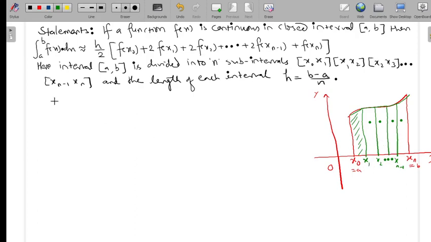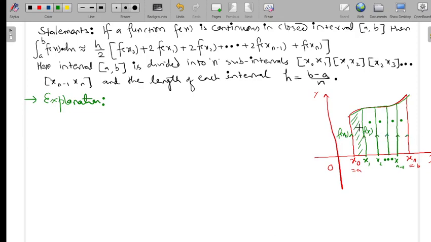Now the explanation. First I have taken the area of this, and this will be f of x0, this will be f of x1. These two sides are parallel.